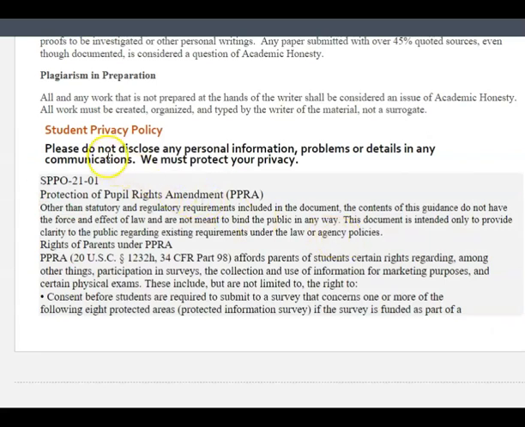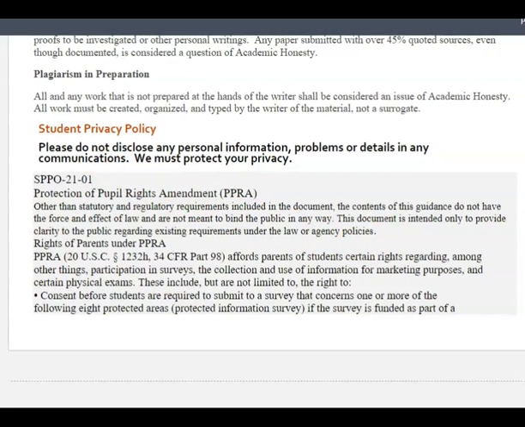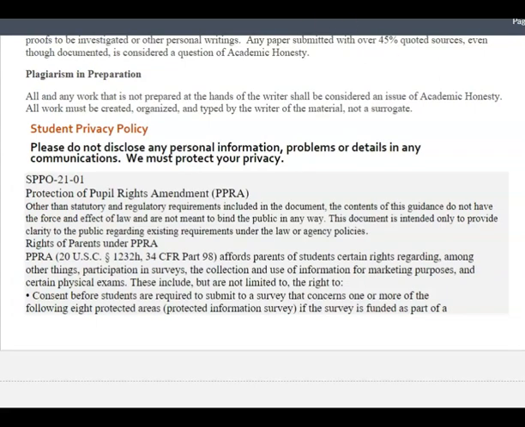And finally, I want to mention the student privacy policy. It is not that I don't care about students. I absolutely care about all of my students, but legally, I have a responsibility to protect your privacy. In the course, you will find a further link to the legal documents that are recorded regarding your privacy.